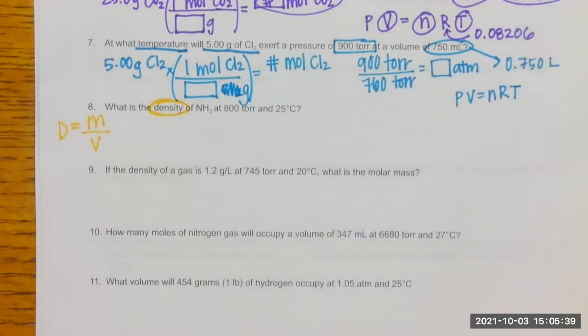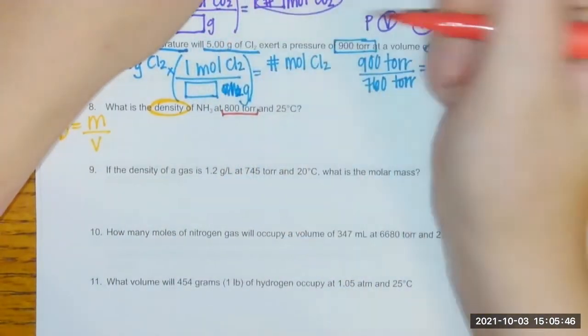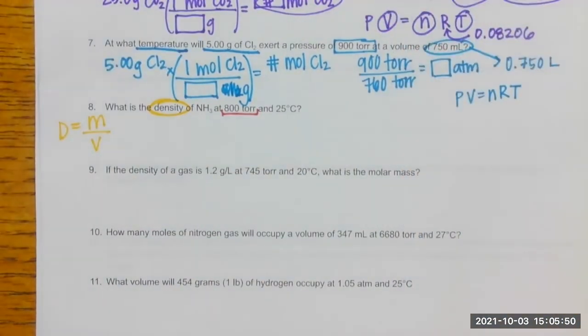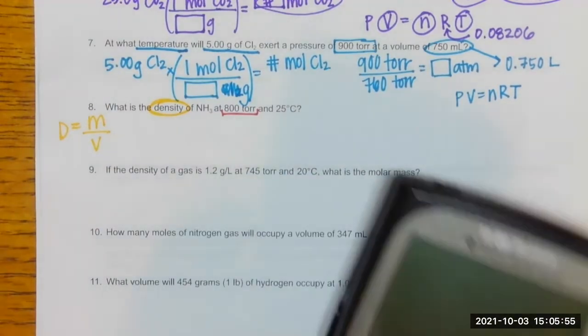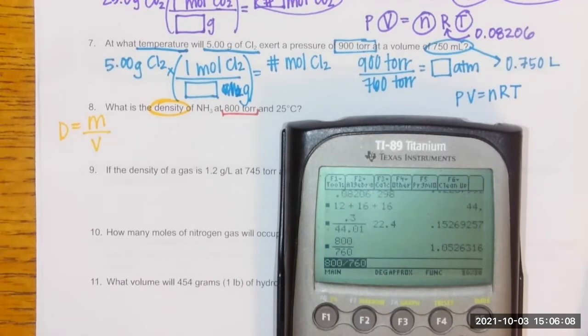So first off, before I do anything else, let's do a conversion because torr and Celsius aren't going to work for this problem. 800 torr divided by 760 torr in an atmosphere. I guess I'll use this calculator. I just hate it so much. Okay, 800 torr divided by 760 equals 1.05 atmospheres.